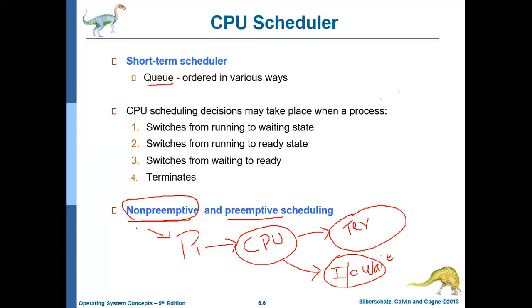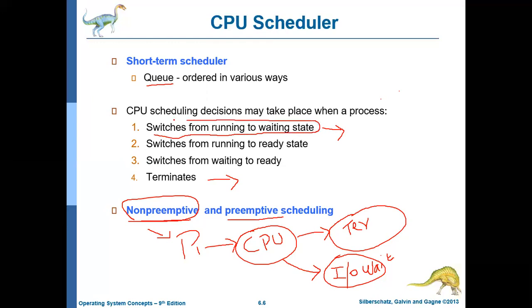So here, you can say that case 1 and case 4 are non-preemptive scheduling. The context switch happens only when the process is moving from running to wait state, or when the process itself terminates.